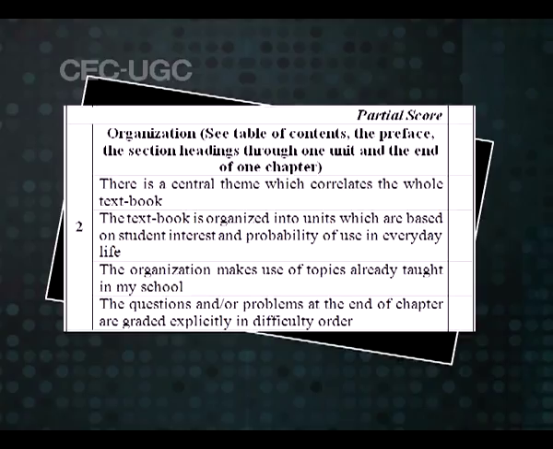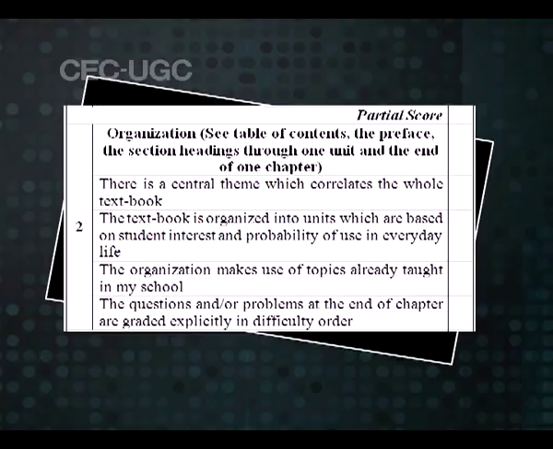Next one, organization. Here we will discuss the table of contents, preface, the section headings throughout one unit and the end of one chapter. So the various points are: there is a central theme which correlates the whole textbook. The textbook is organized into units which are based on student interest and probability of use in everyday life.